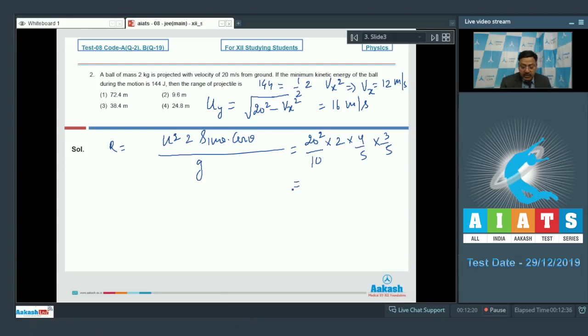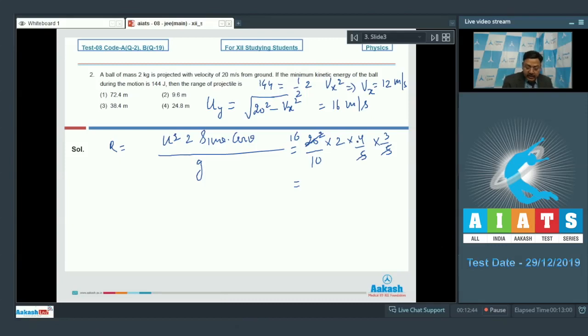And then let us solve now. So this turns out to be equal to, this is 400 and this is 25. We can divide 400 by 25. This is 1. 25 once is 25, and then 16 it is.